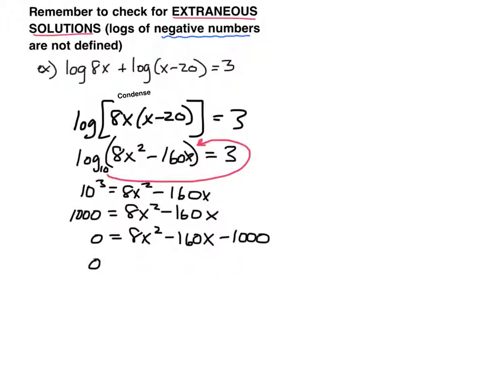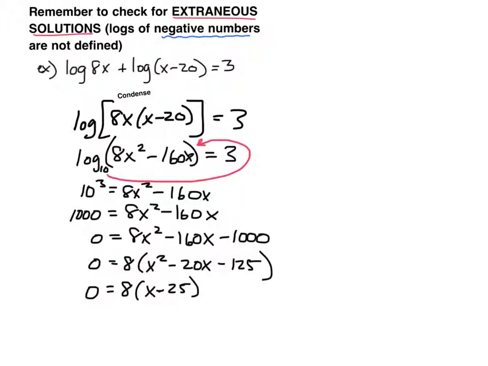So I can say 0 is equal to 8 times, just divide each of these things by 8, that'd be x squared minus 20x minus 125. So now I need two numbers that multiply to negative 125 and add to negative 20. So that's going to be x minus 25 times x plus 5.